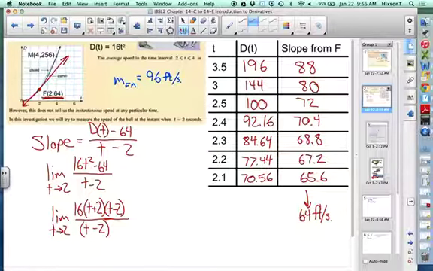If you go to points to the left of f, we could find the slope of those no matter how close they are. It's just at that exact point we can't, because you're dividing by 0. So that cancels out. What's the limit as t approaches 2? 16 times 4, which is 64.